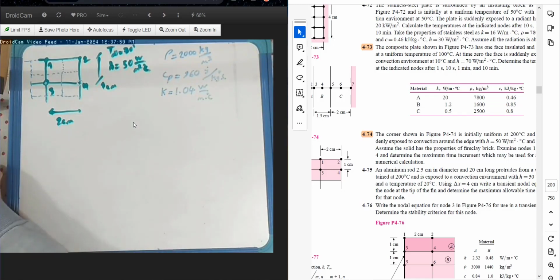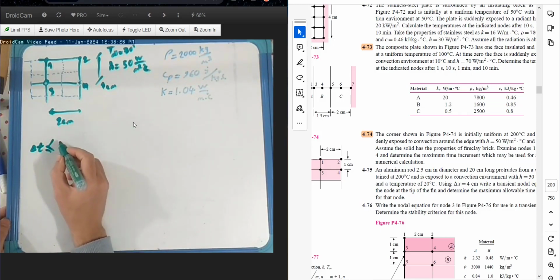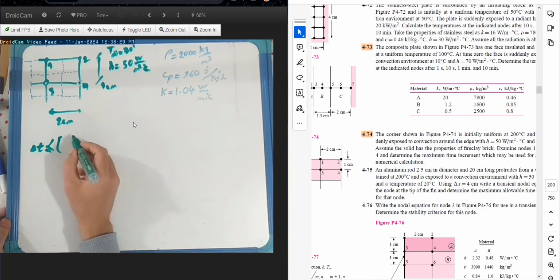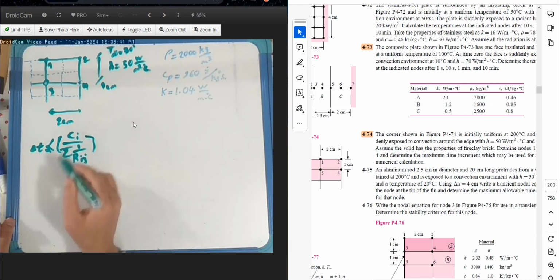What should we do first to solve this problem? We know that the formula for this problem is delta t, which is the time increment, must be smaller or equal to C_i divided by the sum of 1 over R_ij. And what is C?